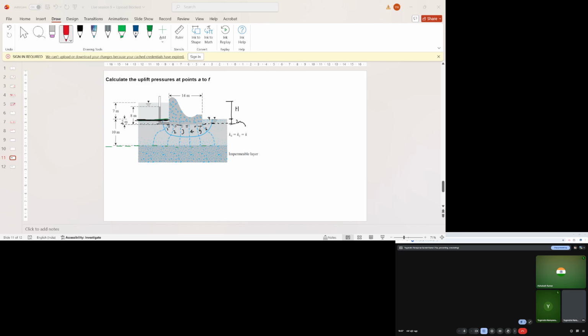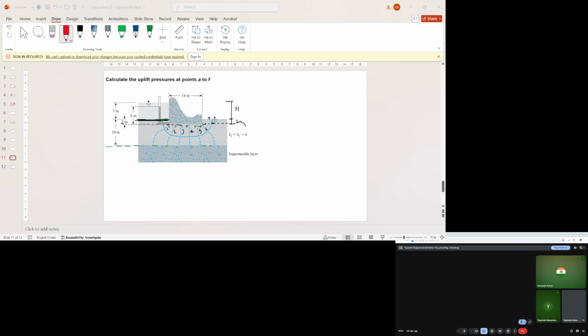Rho g into H. So you have H, and rho into g is defined as gamma, the unit weight of the fluid, which is gamma W. Assume gamma W as 10 kilonewton per meter cube.